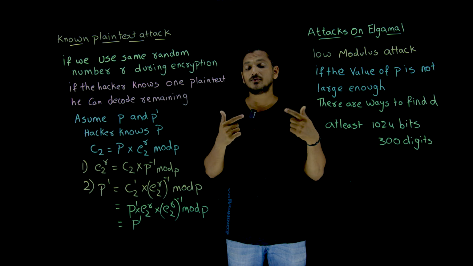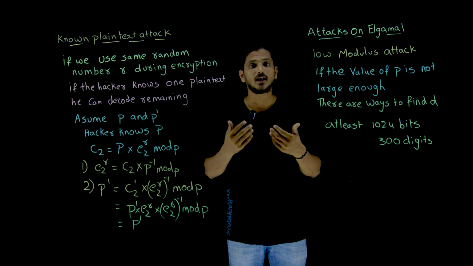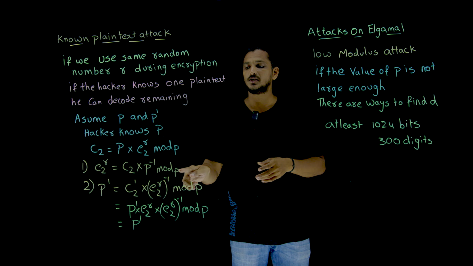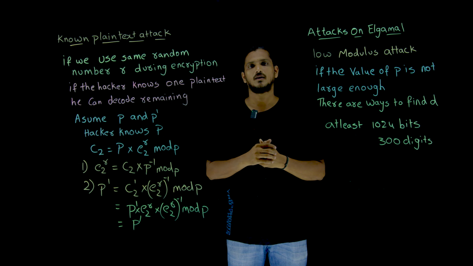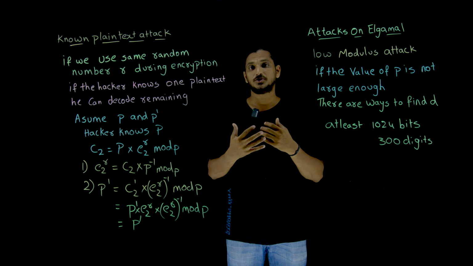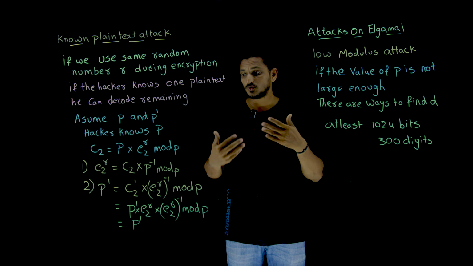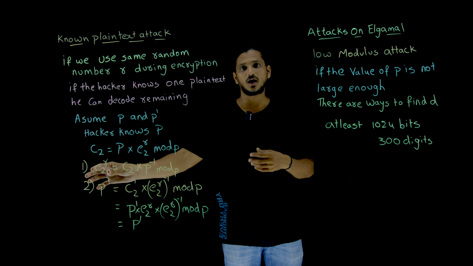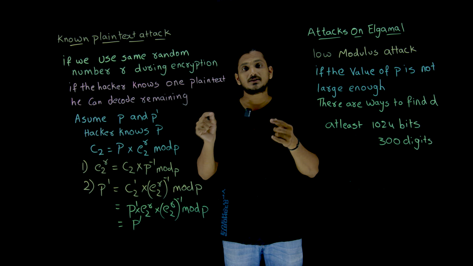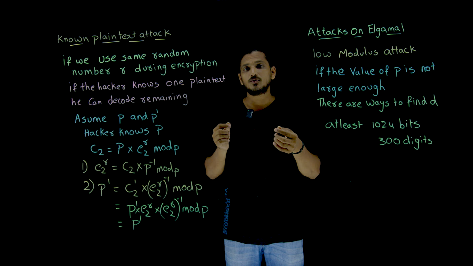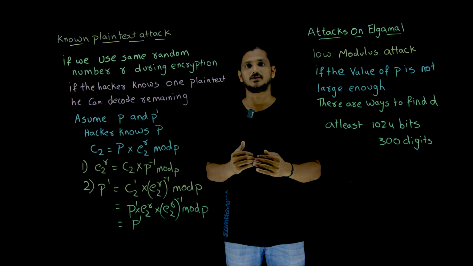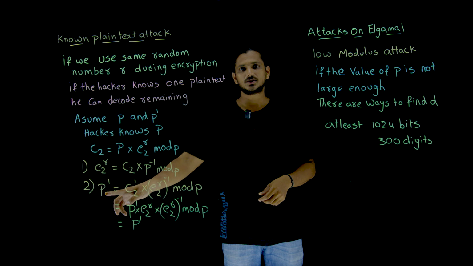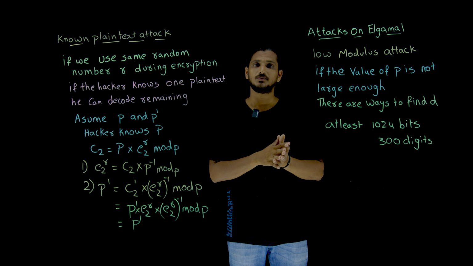Identifying the inverse is very easy by using the Euclidean algorithm, or we can use Fermat's little theorem because P is a prime number. These were discussed previously. So by using the inverse value, he can easily identify the e to the power R value. If the same random number R is used for the next messages, how does he crack them? P dash means the next message.